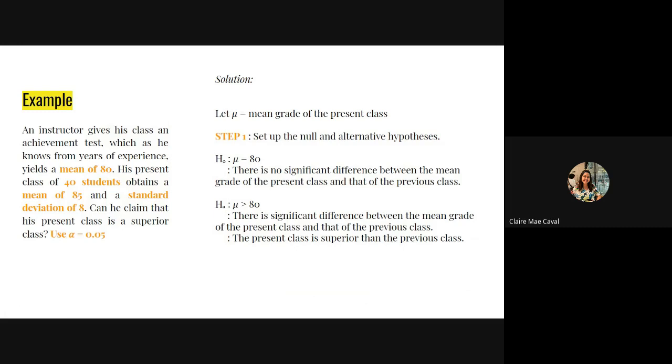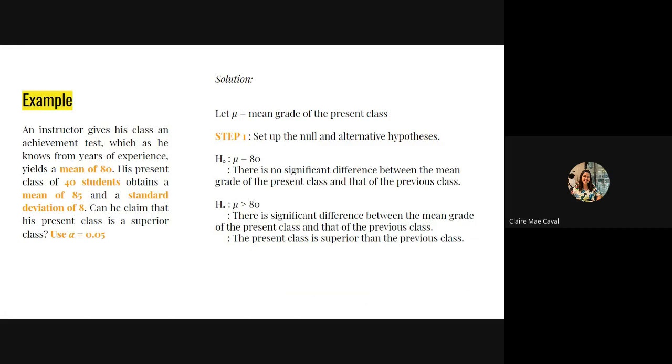So example, we have our first example. An instructor gives his class an achievement test, which as he knows from years of experience, yields a mean of 80. His present class of 40 students obtains a mean of 85 and a standard deviation of 8. Can he claim that his present class is a superior class?